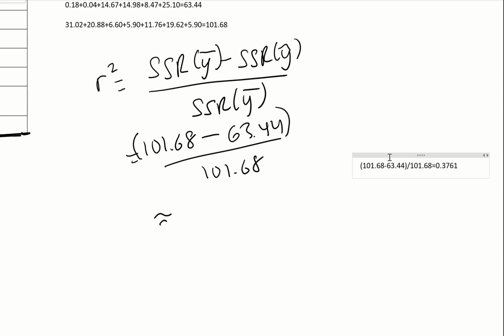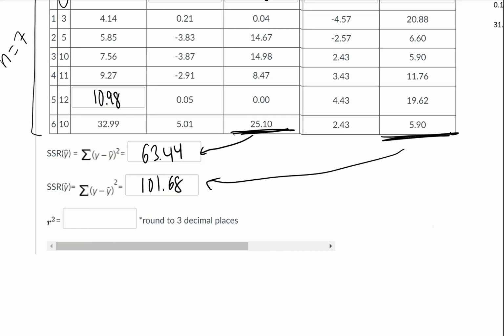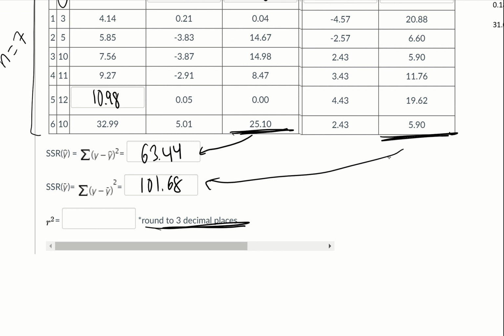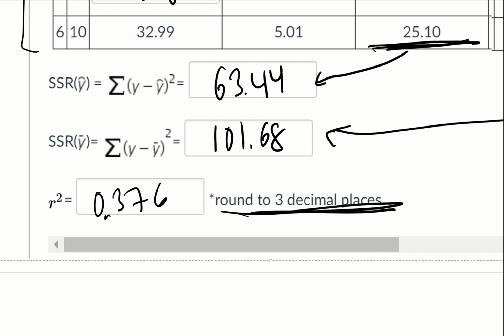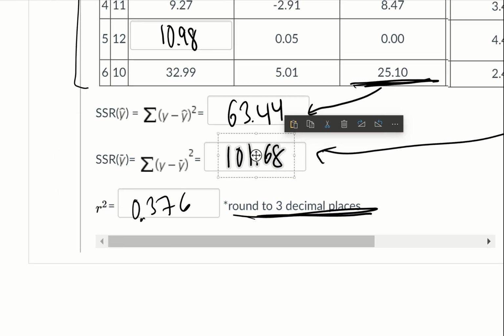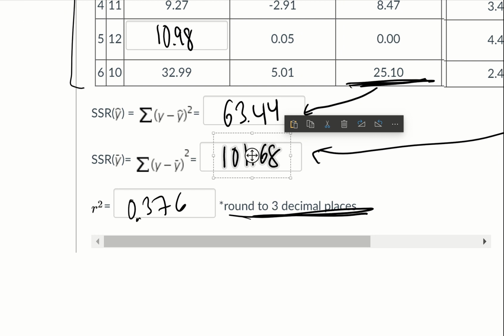We get 0.376. They want us to do it to 3 decimals, I believe. Yeah, round this to 3 decimals. So 0.376. So that's a really low number. That means that the error did not change very much. It only changed by 37.6%.